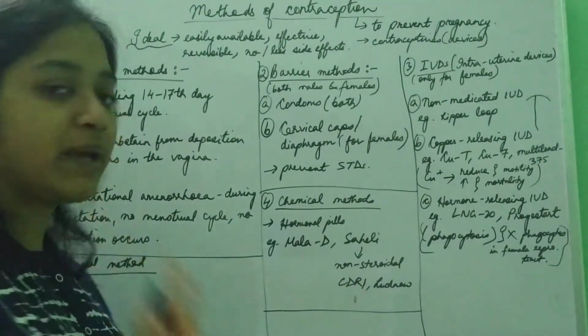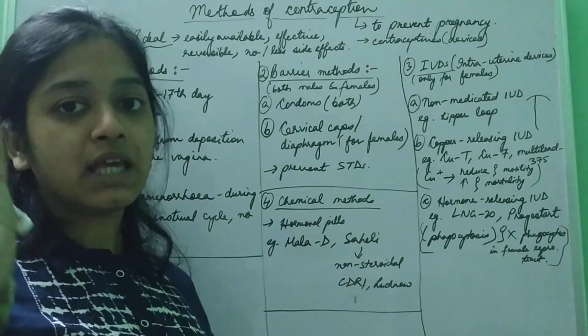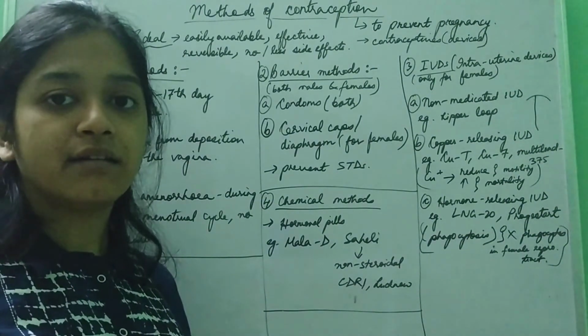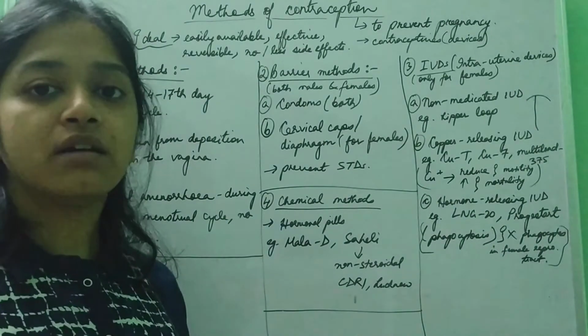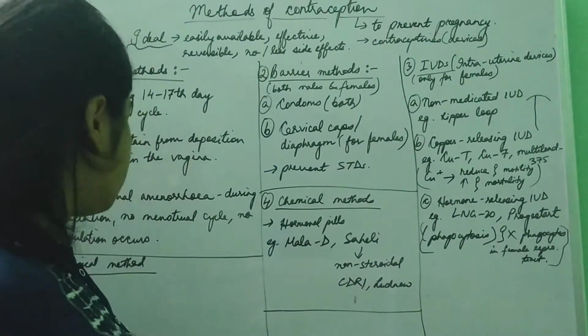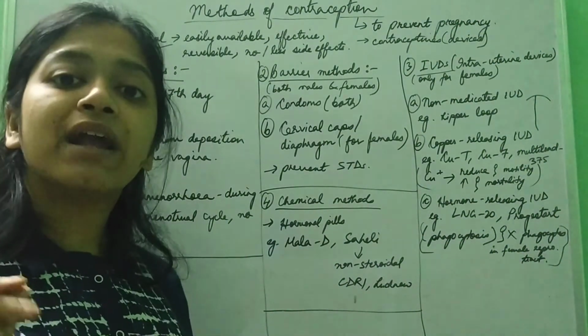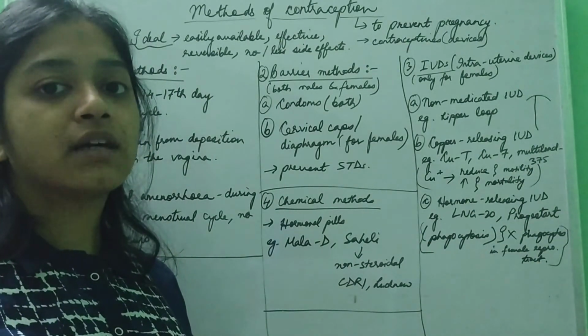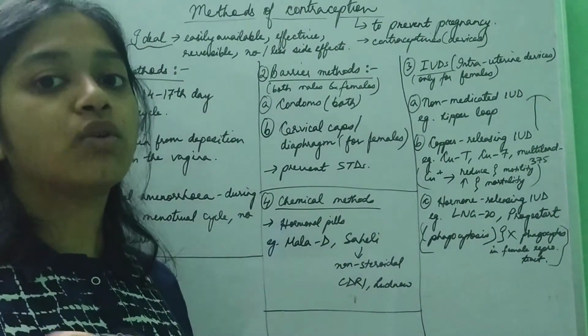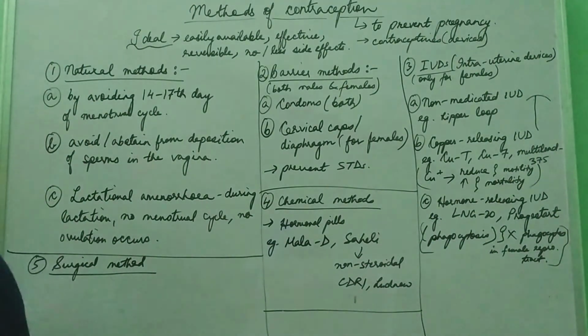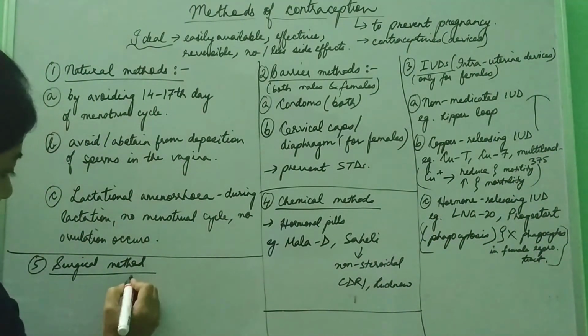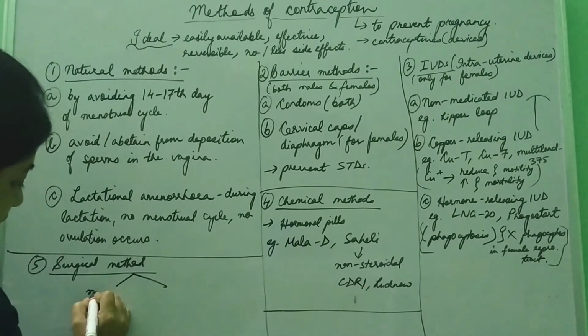In case of males, the vas deferens is cut or ligated. Then the sperms cannot pass, and so pregnancy can be prevented. And in case of females, the fallopian tube is cut or ligated so that the ovum cannot pass.